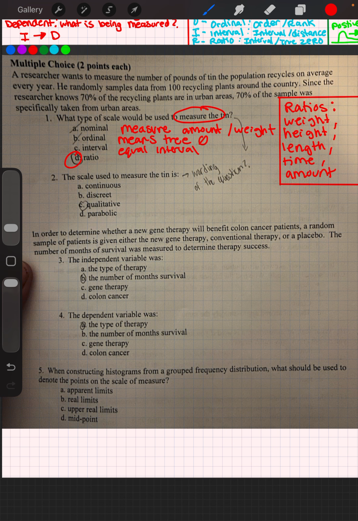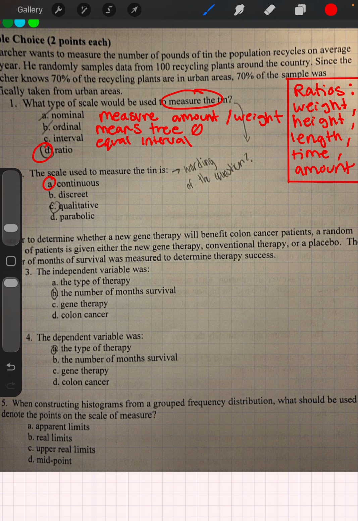So a scale would be continuous because of the wording of the question. The reason is it's a measurement. It can be a decimal.